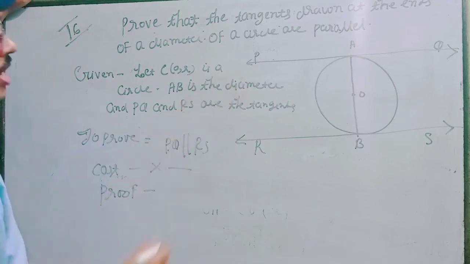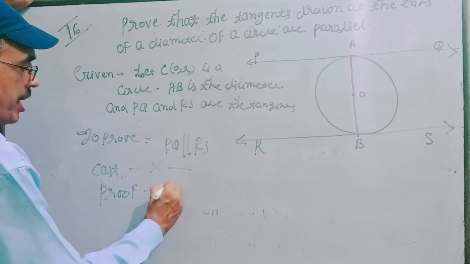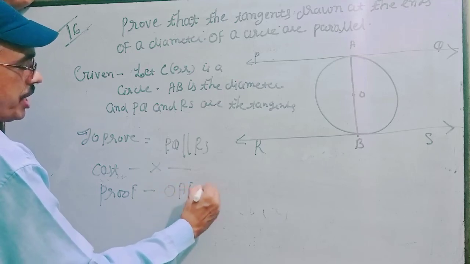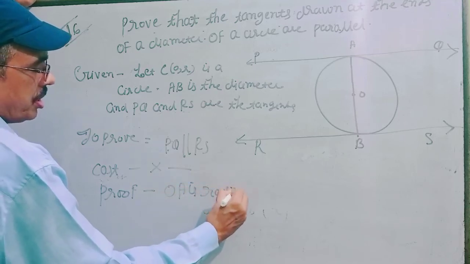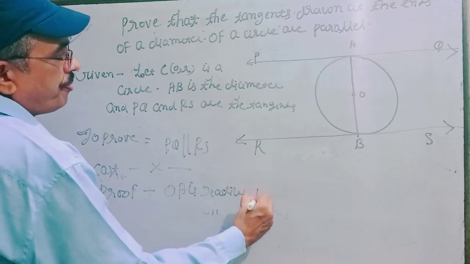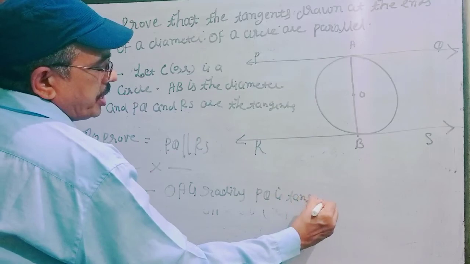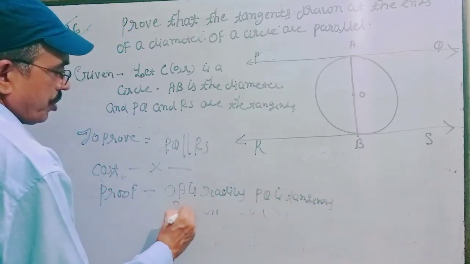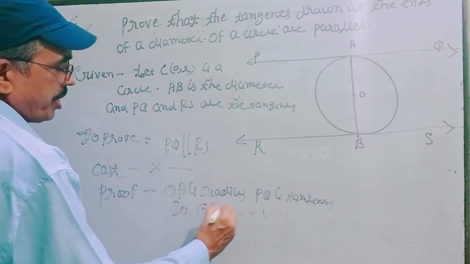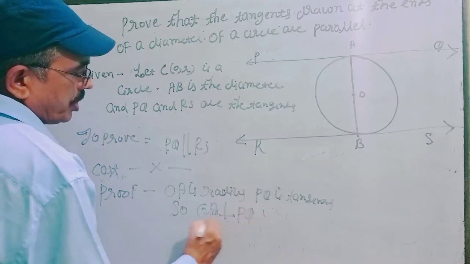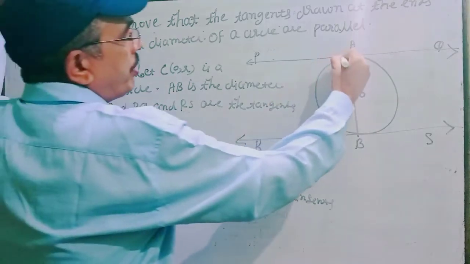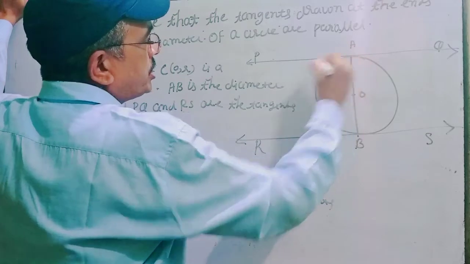Proof: If AB is the diameter, then OA is the radius, and PQ is tangent. So OA is perpendicular to PQ, that means this angle is 90.